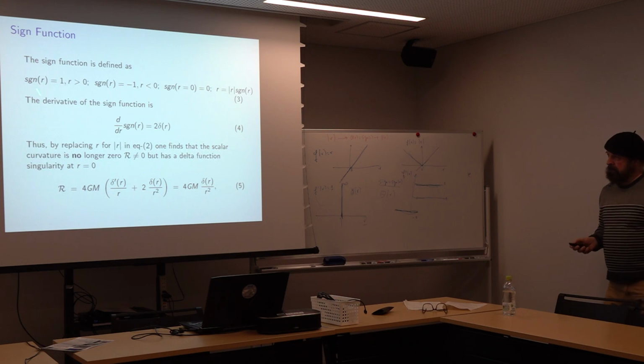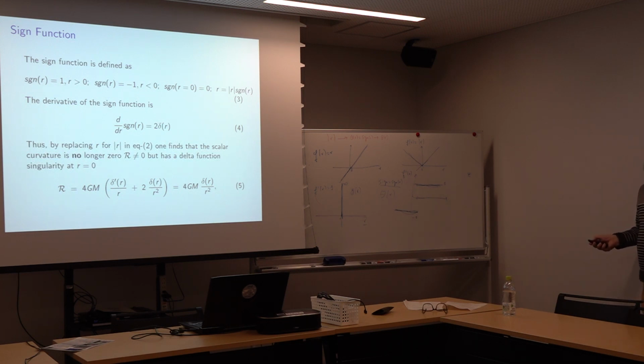So again, the derivative of the sign function, I told you that's going to be proportional to the delta function. And you may ask, why do I have a 2 here? So the reason I have a 2 is because I have a jump from 1 to -1. And because I have a jump of 2, I'm going to have a multiple of 2 here. Okay?